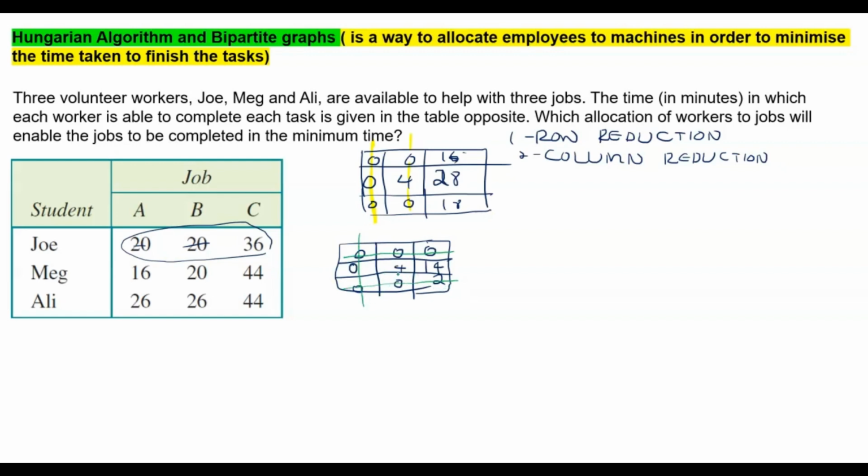So now step 3: all uncovered numbers, subtract the smallest uncovered number from all uncovered numbers. We have covered those zeros.